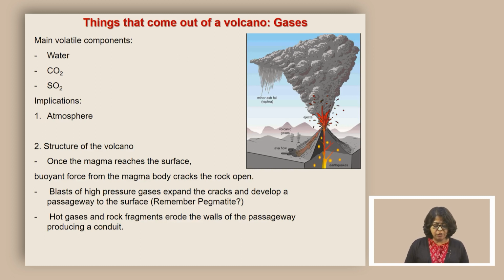Now, the structure of the volcano is primarily controlled by what kind of things are coming out once the magma reaches the surface, as I mentioned before. So, the buoyant force of the magma body cracks the rock open, and once the rock gets blasted, the high pressure gases expand the cracks even more, and it basically develops a passageway to the surface.